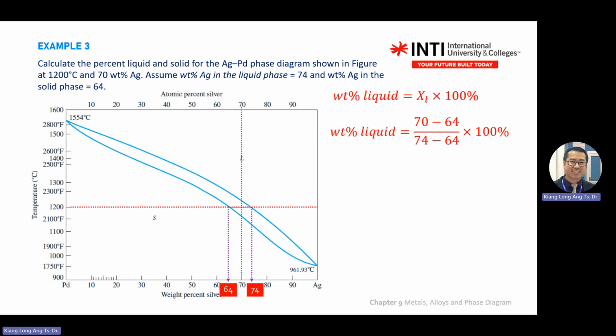Then you have the total length. The total length will be 10. The ratio from 70 to 40 is about 4. So 4 divided by 10, 40%. This side is liquid. So 40% is solid, 60% is liquid.